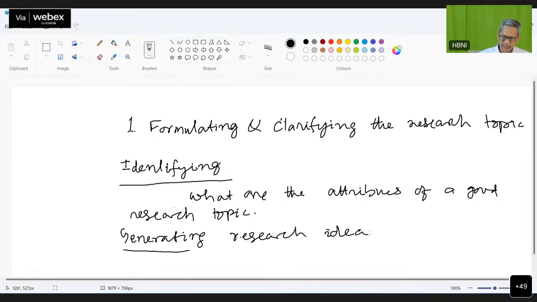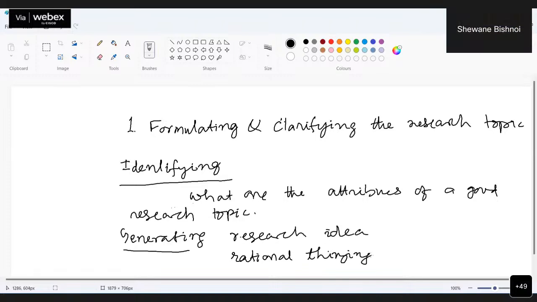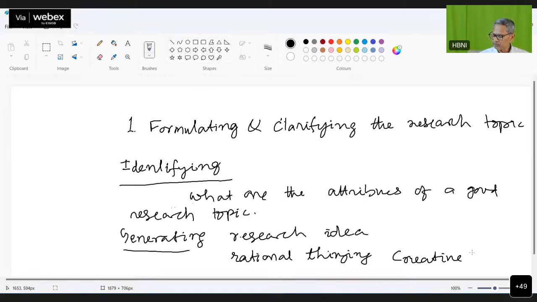Then here you will see generating research ideas. There are two ways we can do that. One is by rational thinking, or we can do it by what is called creative thinking.